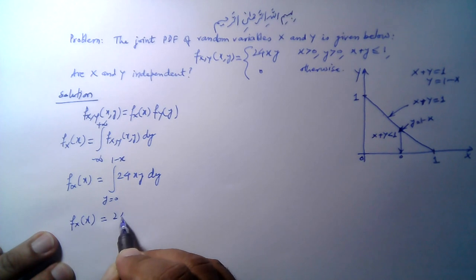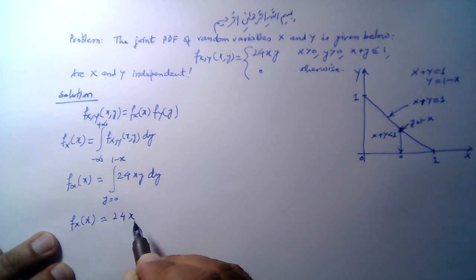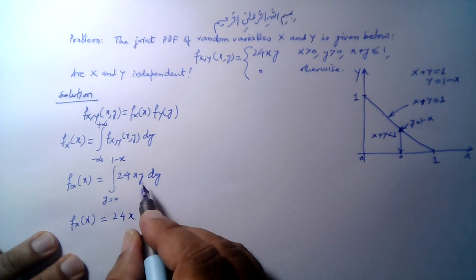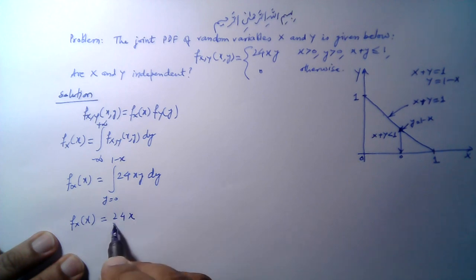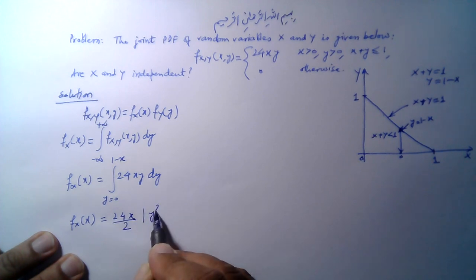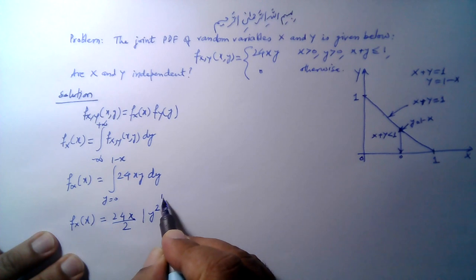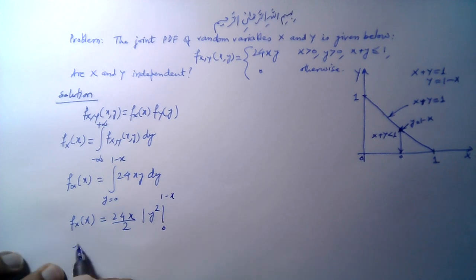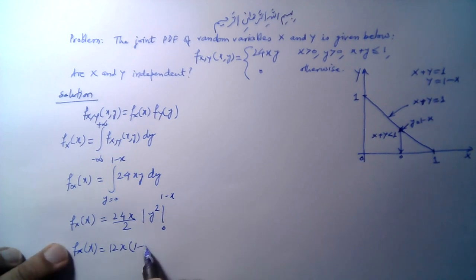So this is 24x times y squared over 2, with the limits 0 to 1 minus x. So f_x(x) is equal to 12x times (1 minus x) squared.